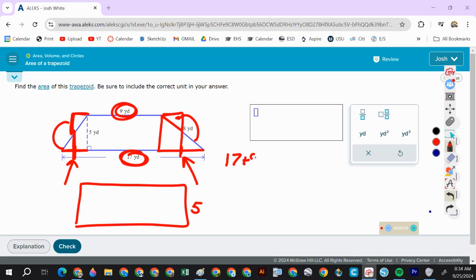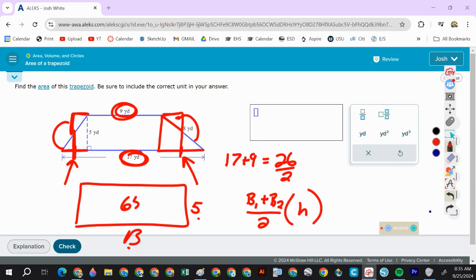So if I take 17 plus 9, I get 26, and I divide that by 2, the base is now 13. So the area of a trapezoid is base 1 plus base 2 divided by 2, and then we multiply that by the height. Can't believe I forgot that. So 13 times 5 is going to be 50 plus 15, 65 yards squared.